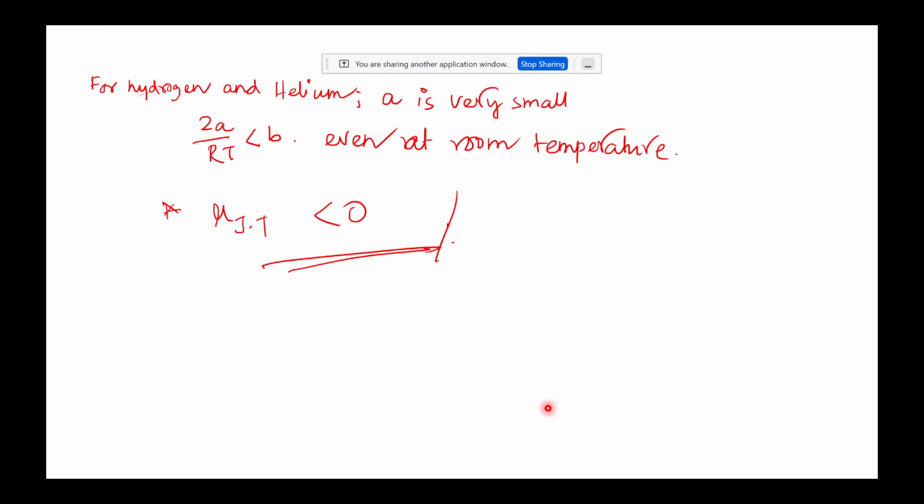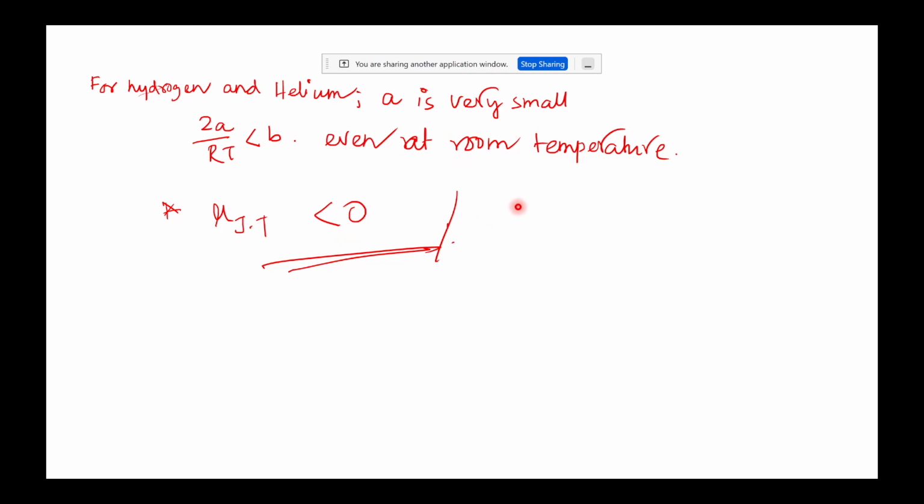But for hydrogen and helium, it is quite different, because the pressure correction term is very small, because these are very small atoms. So 2a by RT is less than b even at room temperature. So then we can say this mu JT is less than 0. That means it is negative.